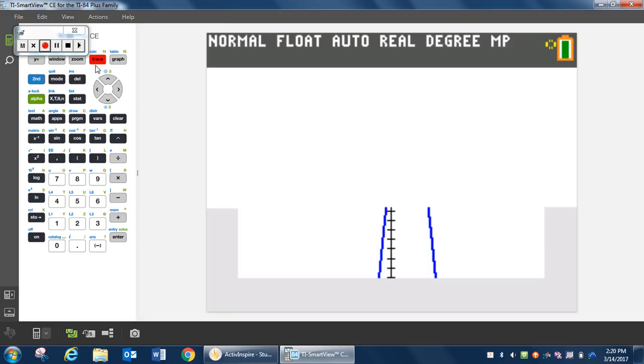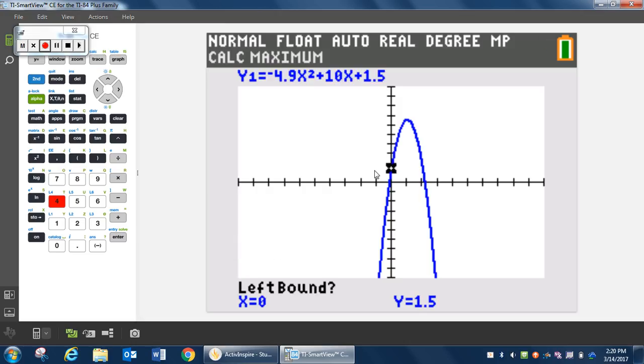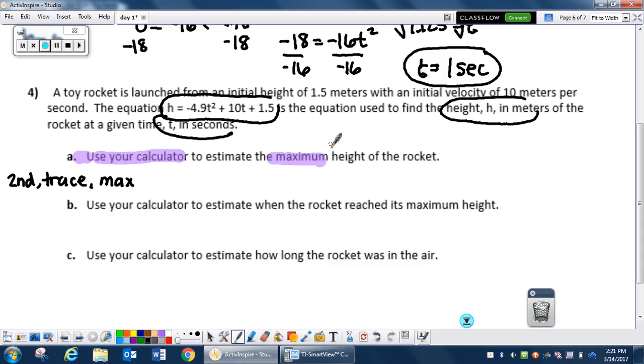Second trace maximum. So you can see the blinking thing. It's asking to be to the left, so we need to be to the left of the max. Hit enter, and then scroll over, so you're now to the right of it. And then you have to hit enter twice. Okay, so you can see, I'm just going to write this coordinate down as 1, 7.